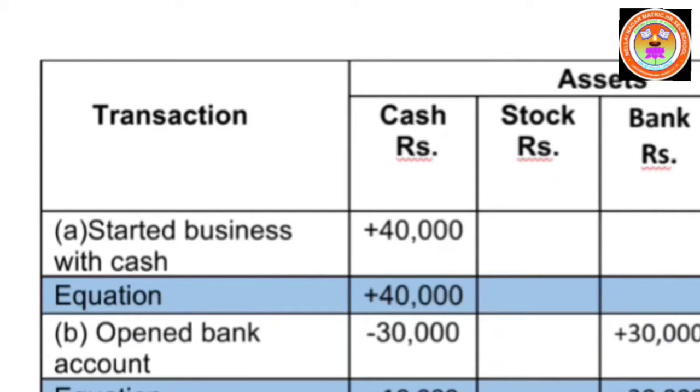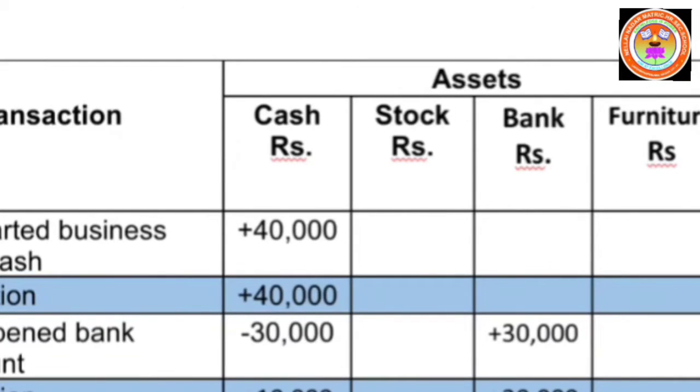We are preparing accounts for the business purpose only, not for the businessman's purpose. For the business, when the proprietor brings money in the name of capital, one of the assets, the cash balance, increases.